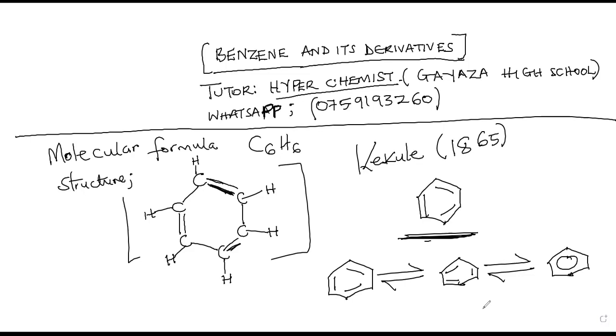Now, in this, we are going to see why benzene, much as it has double bonds, does not undergo the same reactions the way other alkenes do. So we need to note the reason why benzene does not undergo electrophilic addition like ethene and other compounds containing carbon-carbon double bonds.